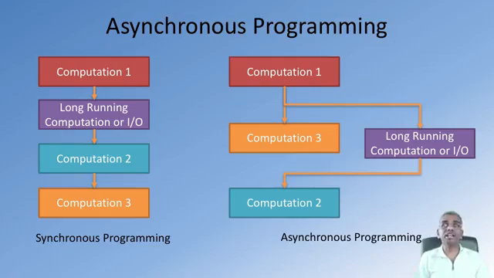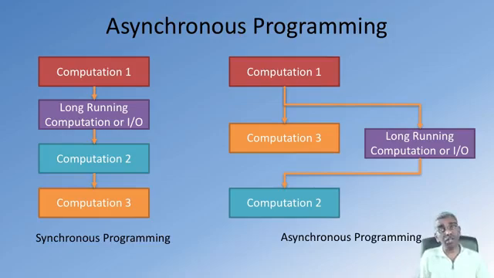Now, this frees up computation 3 to continue on right after computation 1 finishes. So this way of arranging ensures that computation 3 will finish much faster than being stuck behind the long-running computation and computation 2.